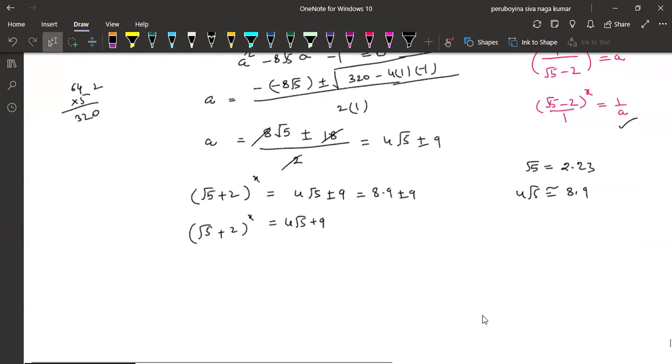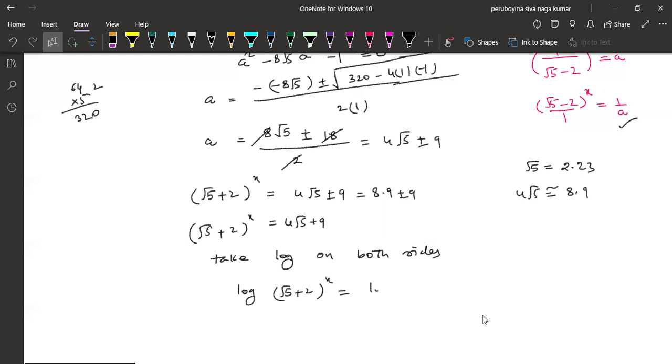Now take log on both sides. So log of (root 5 plus 2) whole power x is equal to log of 4 root 5 plus 9.